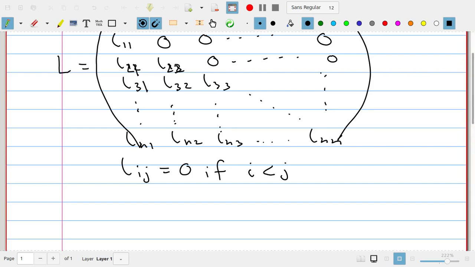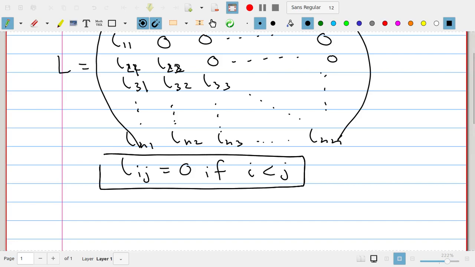So the column number is greater than the row number. So for example, L23 is equal to 0, since 2 is less than 3. So this is how you define a lower triangular matrix.